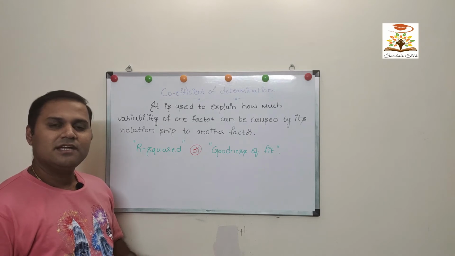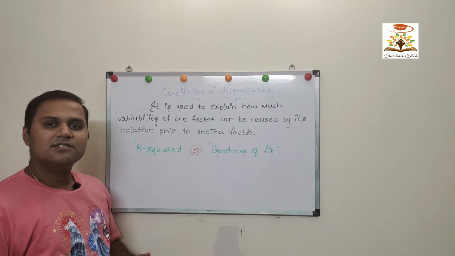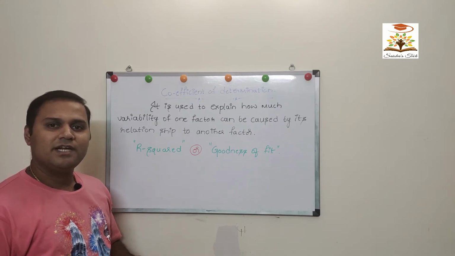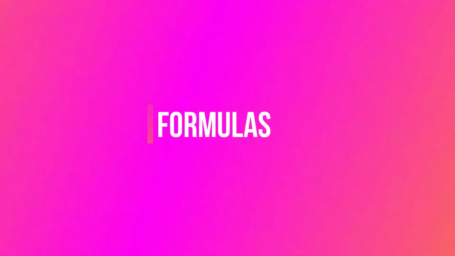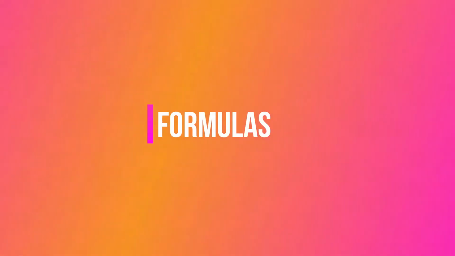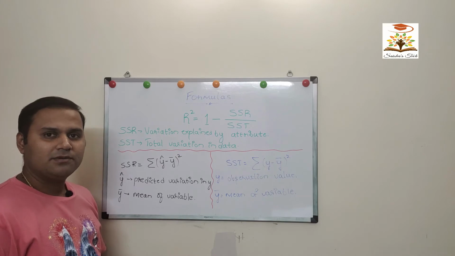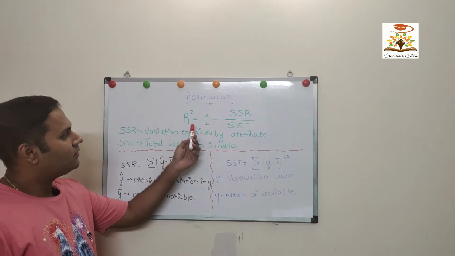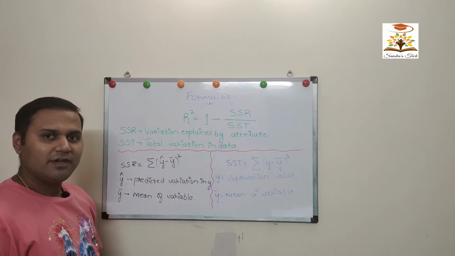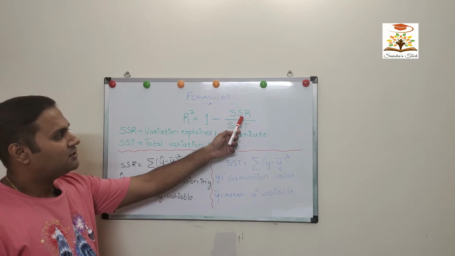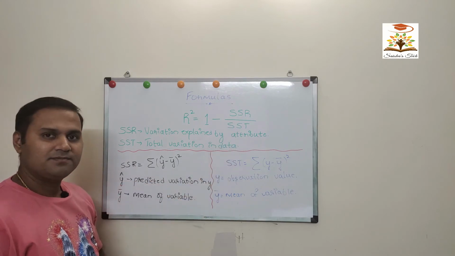As we have understood the definition of coefficient of determination and an example, now let us explore the formula which is used to calculate coefficient of determination. The formula to calculate the R-square value is R-square is equal to 1 minus the ratio of SSR by SST, where SSR represents residual sum of squares and SST represents total sum of squares.